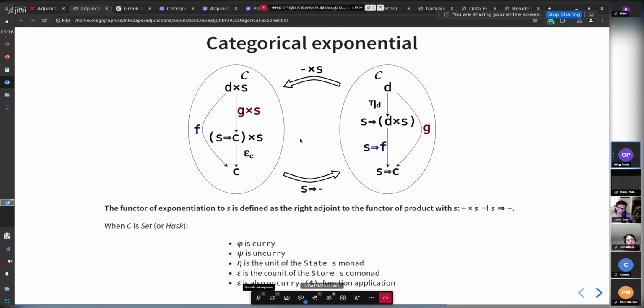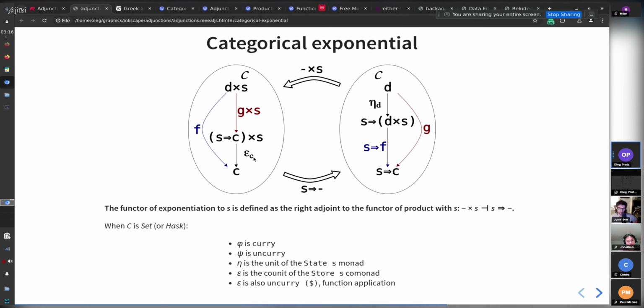So from this diagram, we see that if C is Set or Haskell, to go from f to g you use curry, so phi is curry, and the other direction, psi, is uncurry.